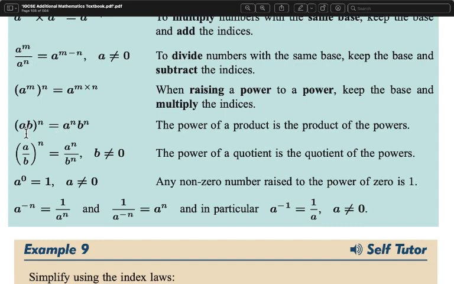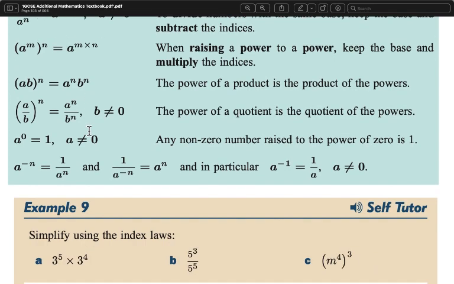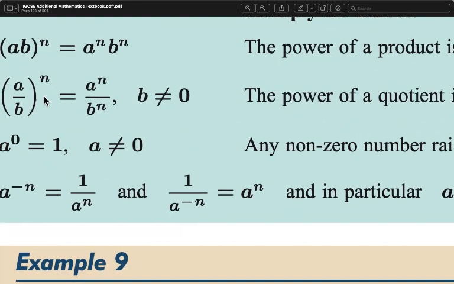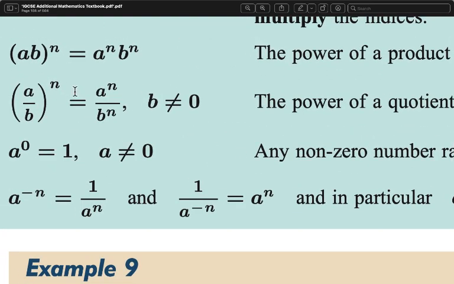It will equal a to the power of n times b to the power of n. Over here for division, when a over b is raised to the power of n, it will be equal to a to the power of n over b to the power of n, as the power applies separately to both of the variables.